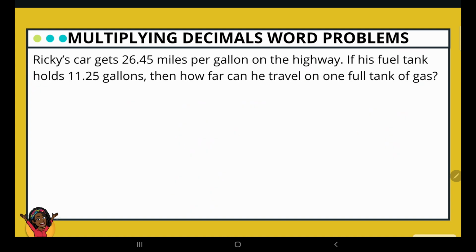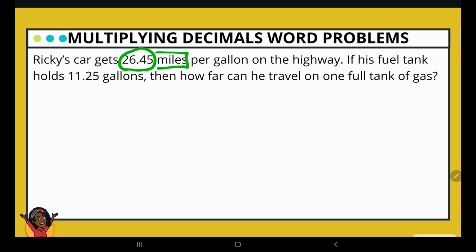Ricky's car gets 26.45 miles per gallon on the highway. If his fuel tank holds 11.25 gallons, then how far can he travel on 1 full tank of gas? Okay, so the total distance that he can travel on 1 gallon of gas is 26.45 miles.